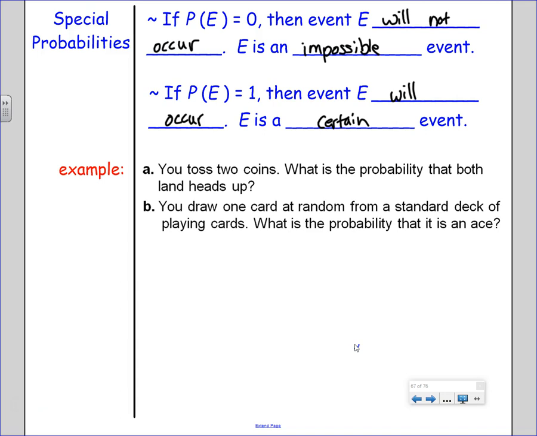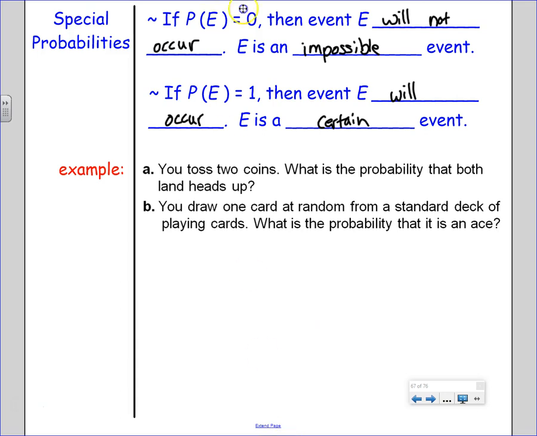It will certainly occur. It is assured. Those of us that believe in the Bible, we would say God getting the victory at the end of all time is a certain event. What's the probability that we're doing math right now? 1. 1.00, 100%.